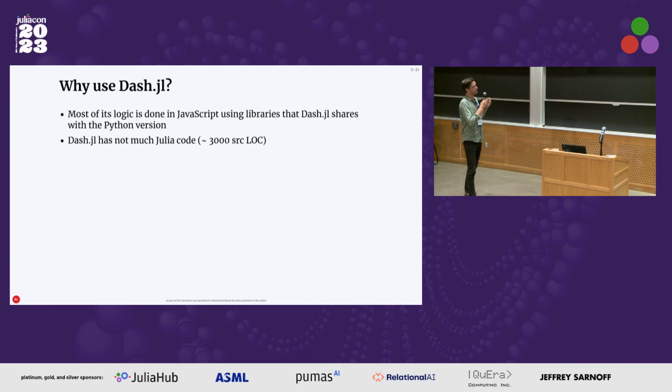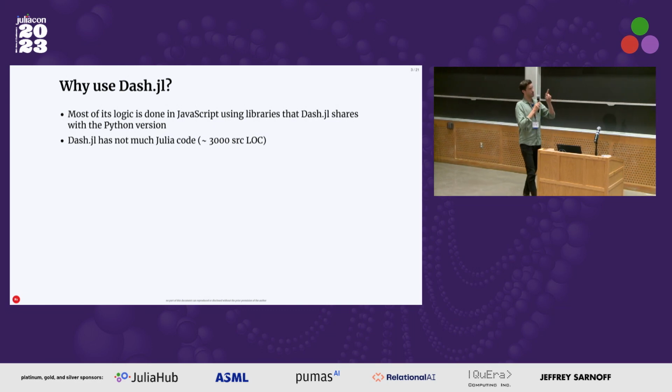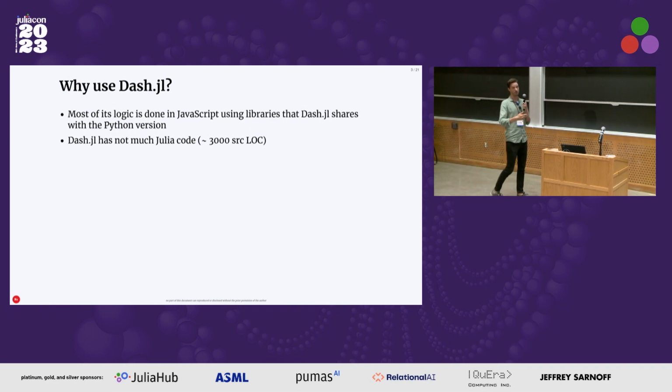First off, most of the logic is done in JavaScript, using libraries that Dash.jl shares with the Python version of Dash. What that implies is that Dash.jl doesn't actually have that much Julia code. I mean, that's still 3,000 lines if you count them, but for the amount of stuff that you can do in Dash.jl, that's not a whole lot.